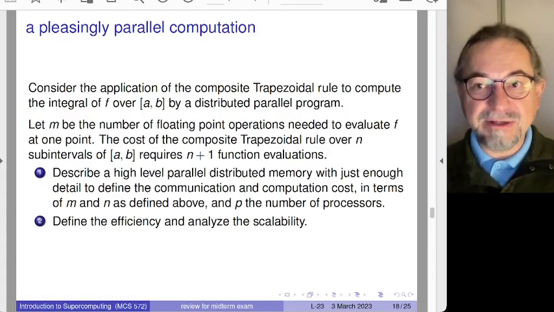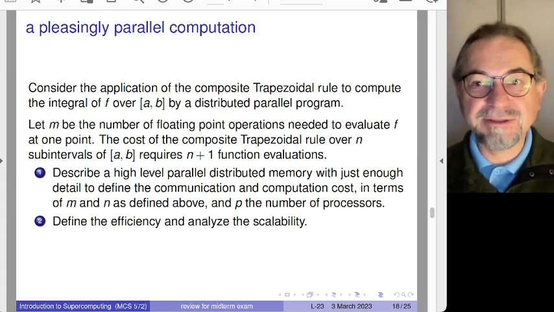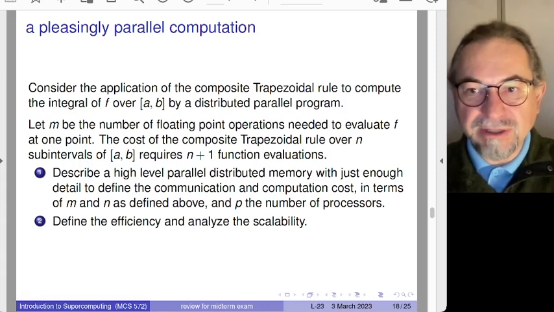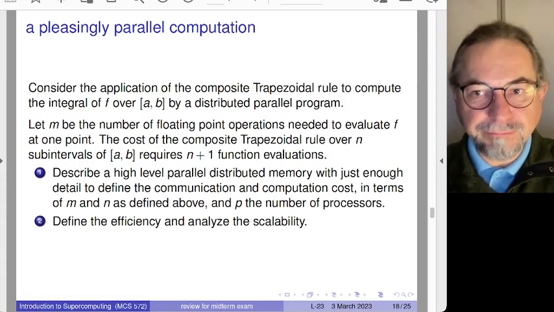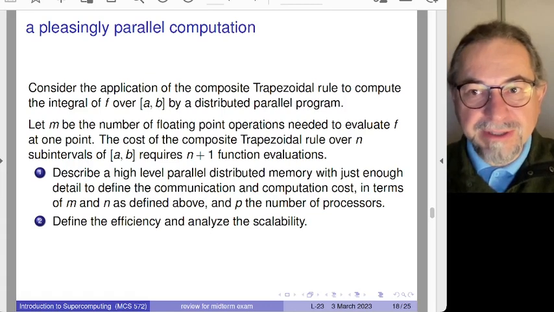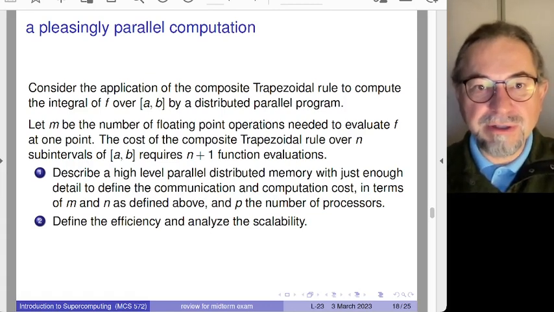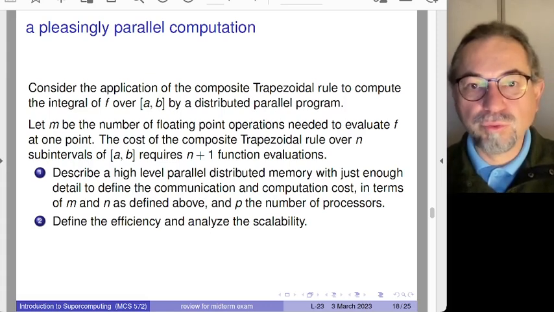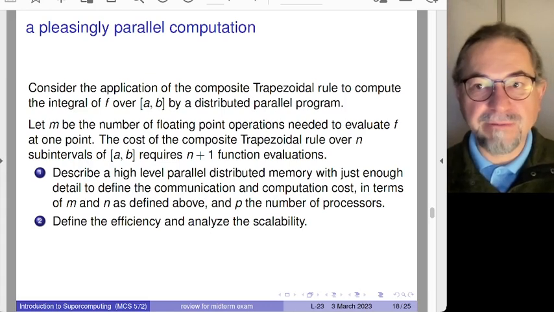So here in this case, I actually do not have the answers written out in great detail. So let me explain what the problem here is. We consider the composite trapezoidal rule applied to quadrature. We have an integral of some function over an interval a b, and we are considering distributed memory computing.